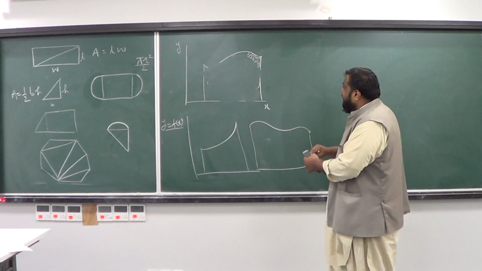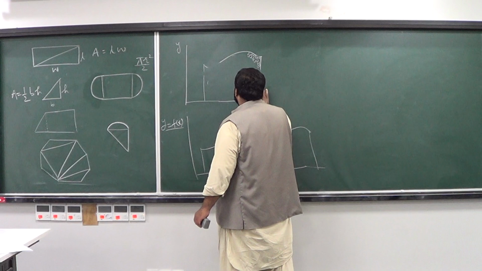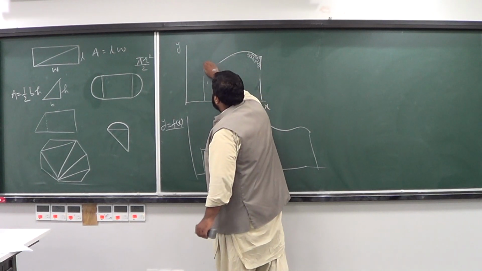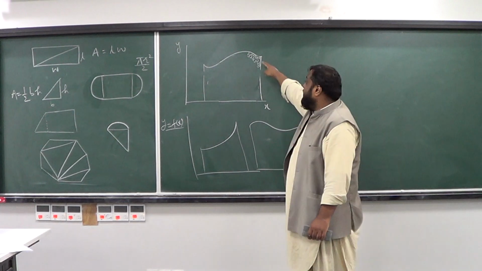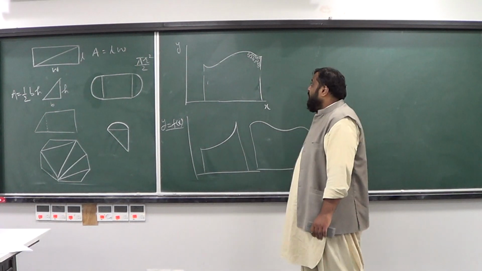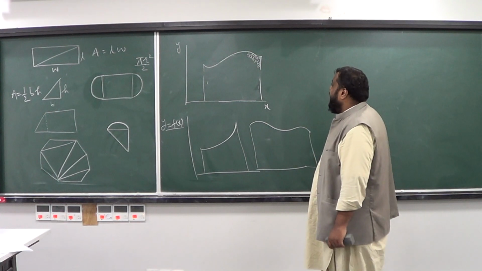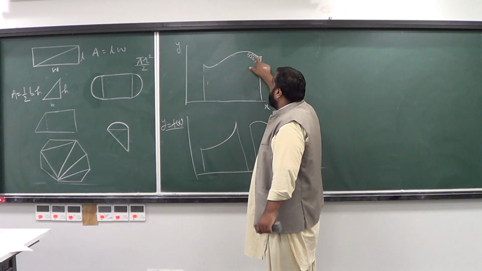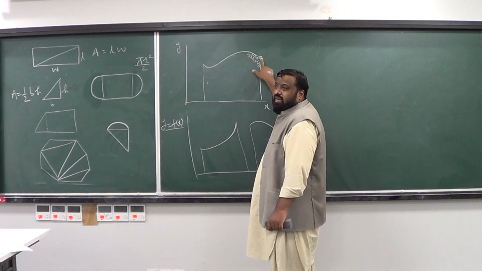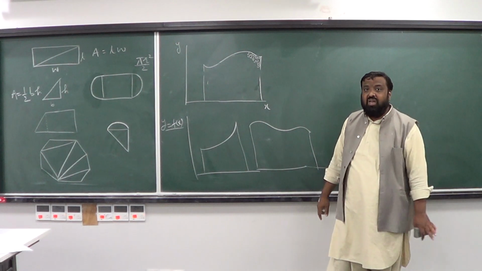If they are circles of equal size, whatever is the number of circles, the area is going to be the area of one circle multiplied by the number of circles. This could be one way of doing it.